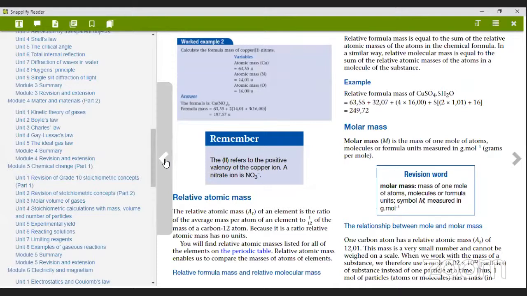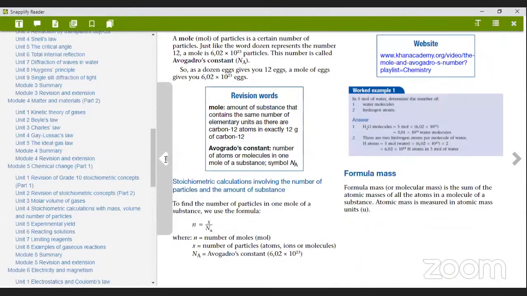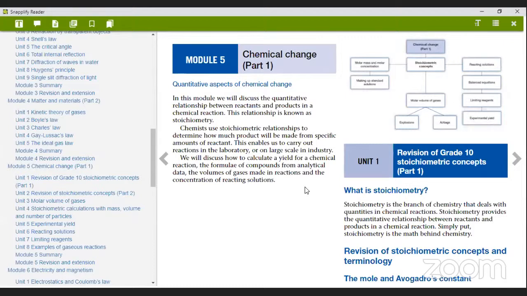I just want to make a quick revision. Today we've started with the first part, and we're done with the first part, which means that tomorrow we're going to go to part 2 of the revision of stoichiometric concepts.